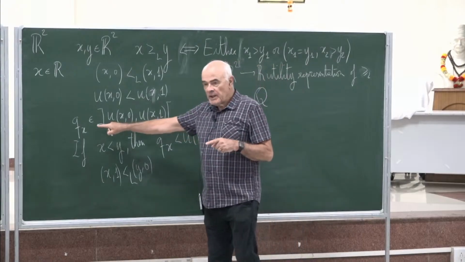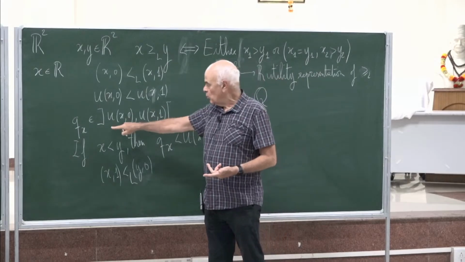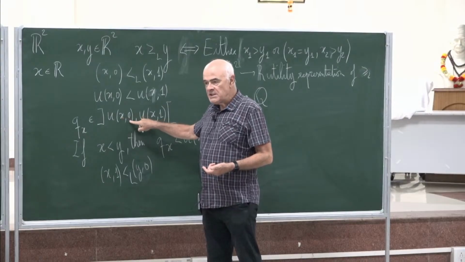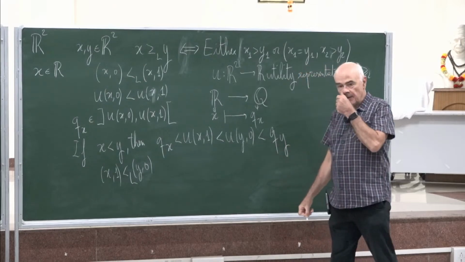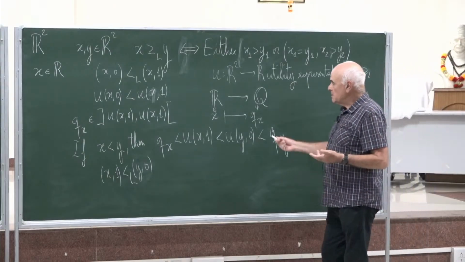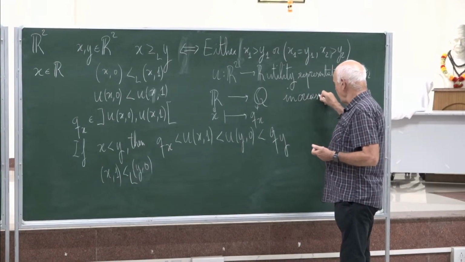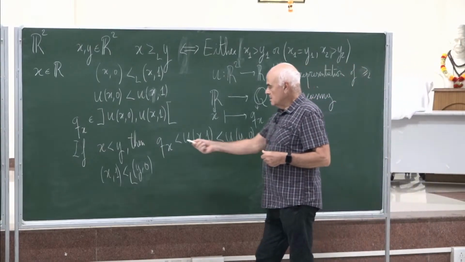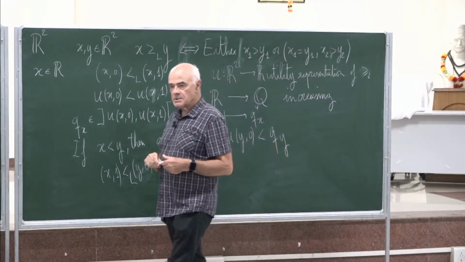And remember that qx is between u of x0 and u of x1 for every x, in particular for y. So qy is between u of y0 and u of y1, which means that qx is less than qy. This proves that this function is increasing. For y larger than x, qy is strictly larger than qx. It's strictly increasing.